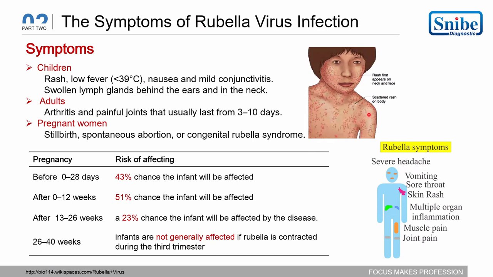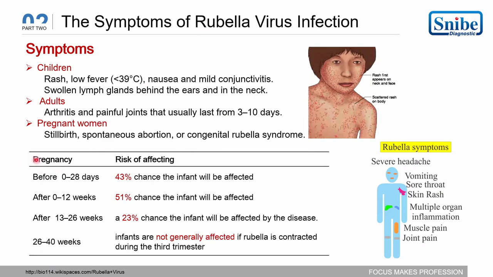So these are the typical symptoms of rubella virus infection. In males, it causes arthritis and painful joints that usually last for 3 to 10 days. In pregnant women, it causes stillbirth, spontaneous abortion, and congenital rubella syndrome, and these are the major causes of congenital disorder due to rubella infection.